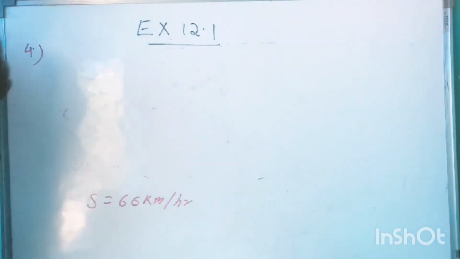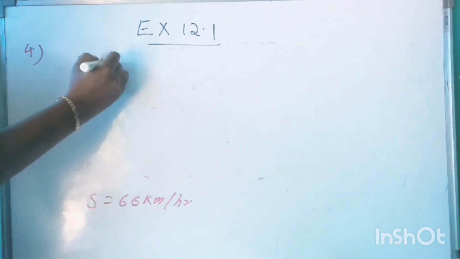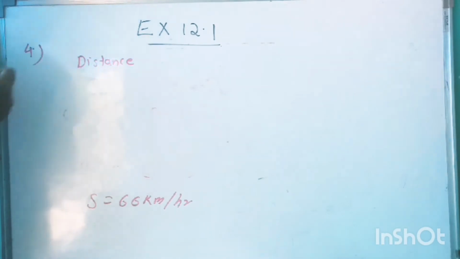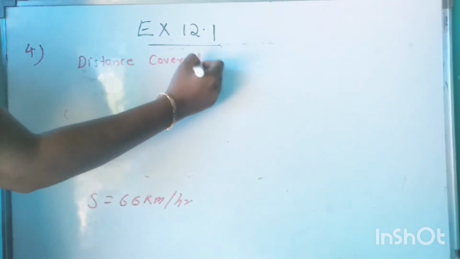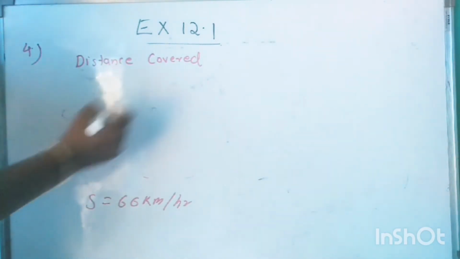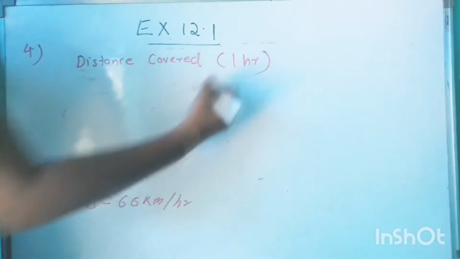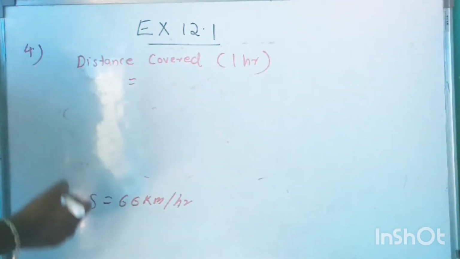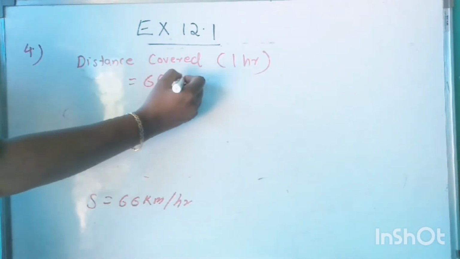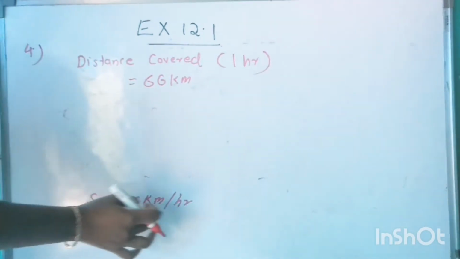That is, the distance covered by the wheel in 1 hour is equal to 66 kilometer. This is our given information.